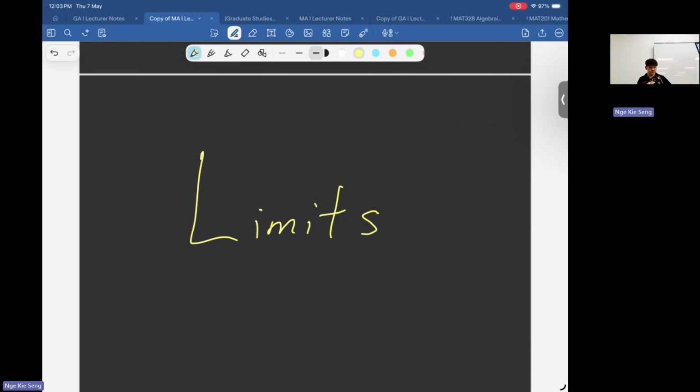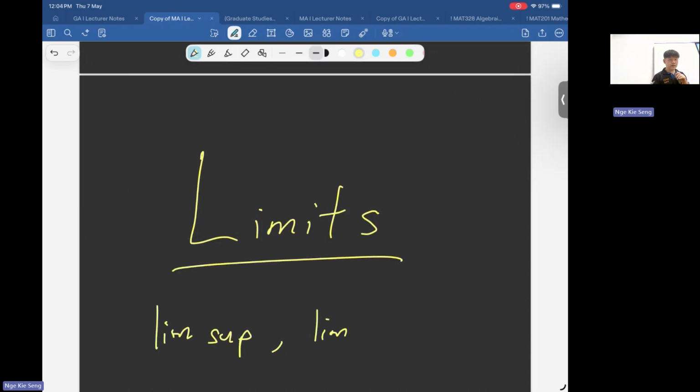So the last piece of limit that I want to tell you is about lim sup and lim inf. Anyone heard about these two things? Lim sup and lim inf. What do you know about it?